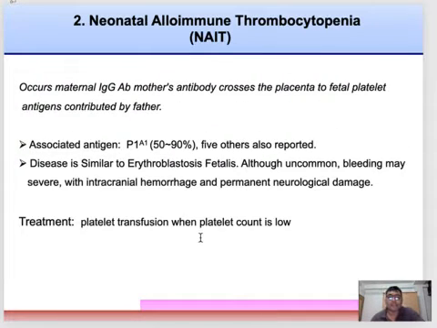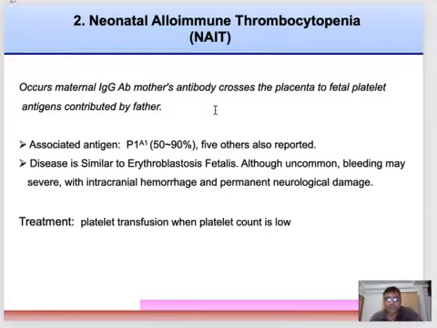Then neonatal autoimmune thrombocytopenia, NAIT. How does it occur? It occurs when maternal immunoglobulin G antibody, that is the mother's antibody, crosses the placenta to the fetal platelet antigens contributed by the father.